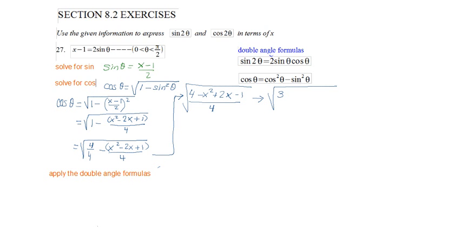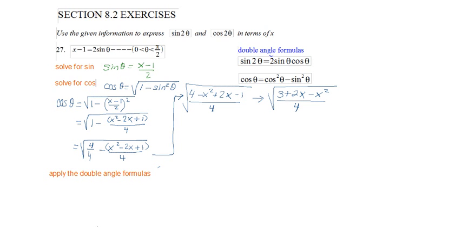Then I'm going to put them in ascending order, so plus 2x minus x squared, and that's divided by 4. Now I know I can take the square root of the denominator, and I can also take the square root of the numerator.